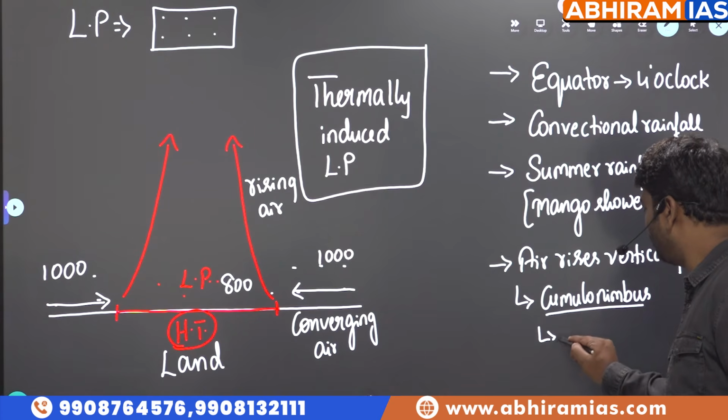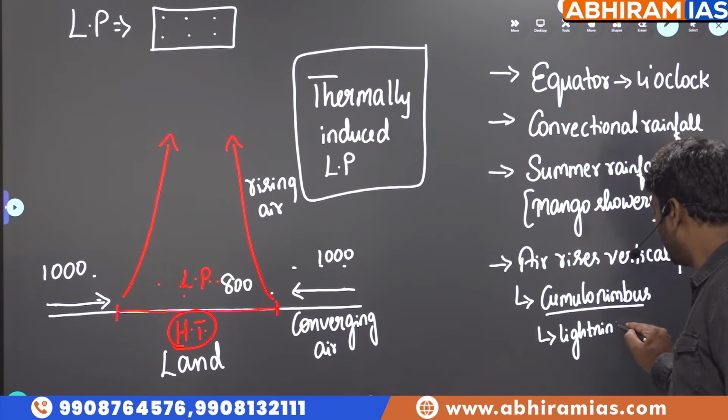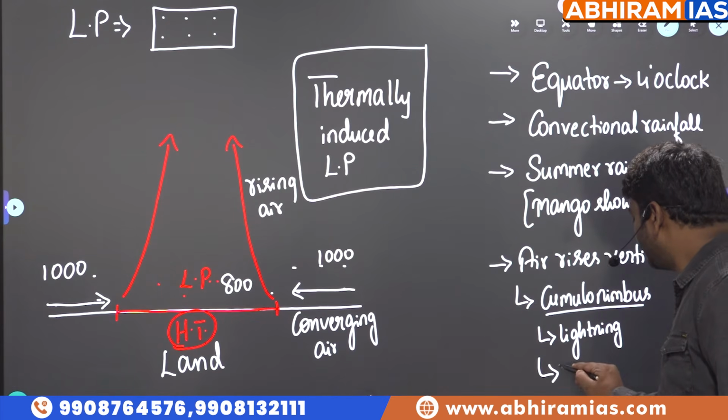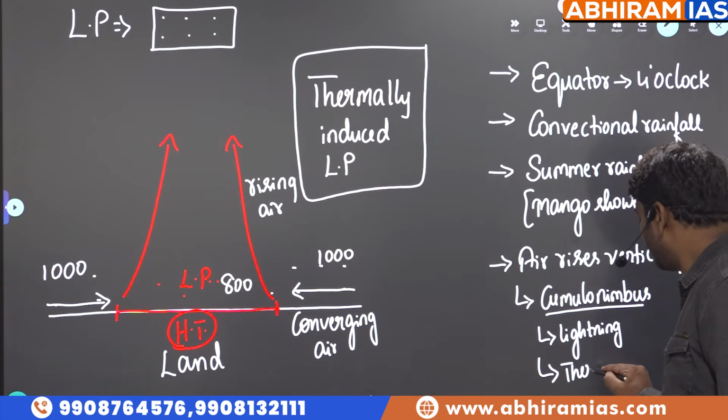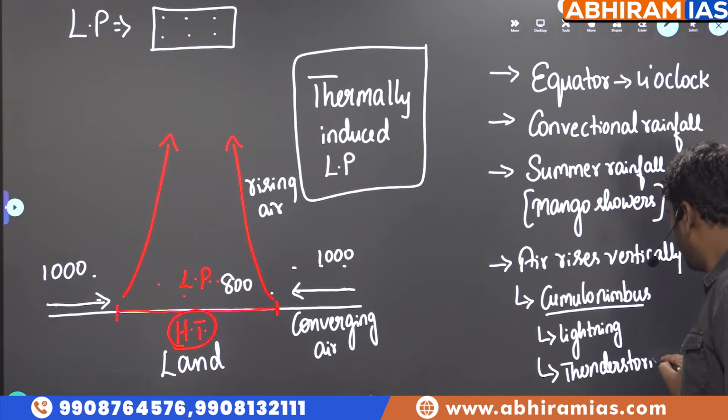If you have cumulonimbus, you will have lightning, thunderstorms. Lightning and thunderstorms will be there. All these words are associated with thermally induced low pressure.